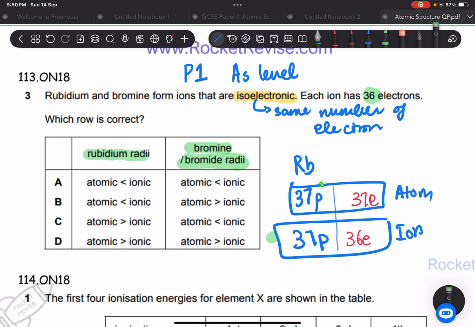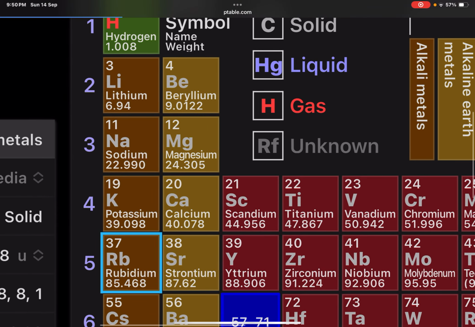Now, when we have an equal number of protons and electrons, we have a neutral atom. But over here, we have unequal numbers. So basically, we have more positive charge. You can see we have one more positive charge compared to negative. And when we lose this one electron, which is in the last shell of rubidium, we're going to lose one shell. Because rubidium is in period number 5, it has 5 shells.